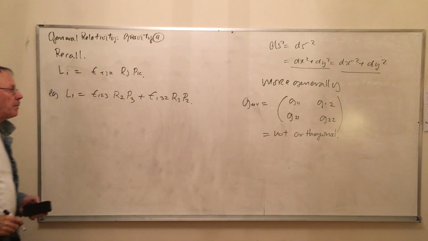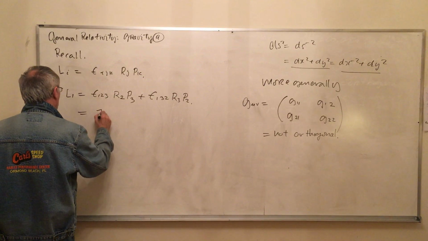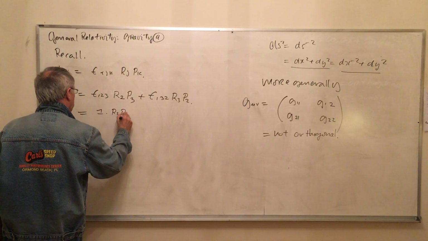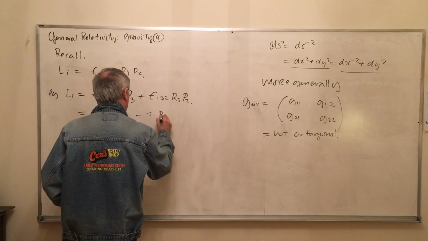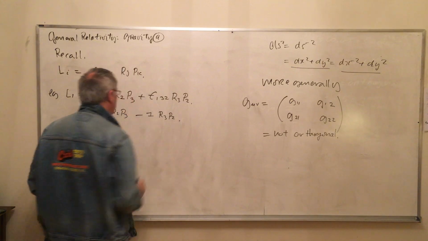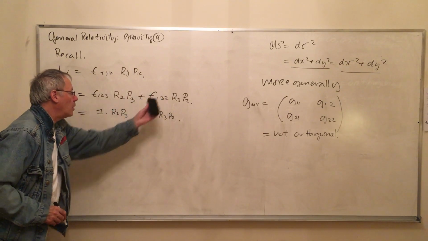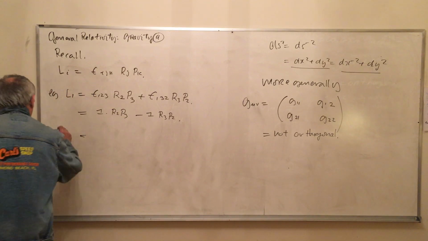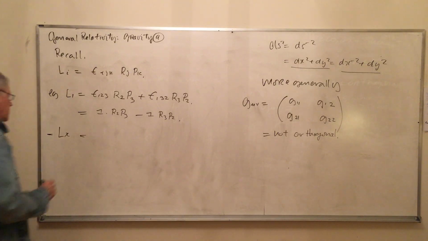Recall that we had this example in a previous case, and 1, 2, 3 is going to be 1 for the Levi-Civita symbol, and -1 for this 1, 3, 2, where there's a non-permutation. Well, 1 refers to the index Lx.